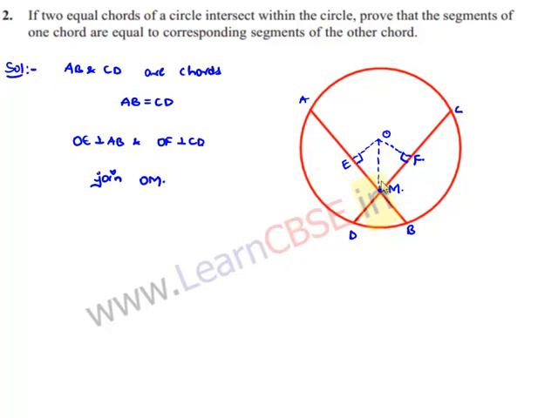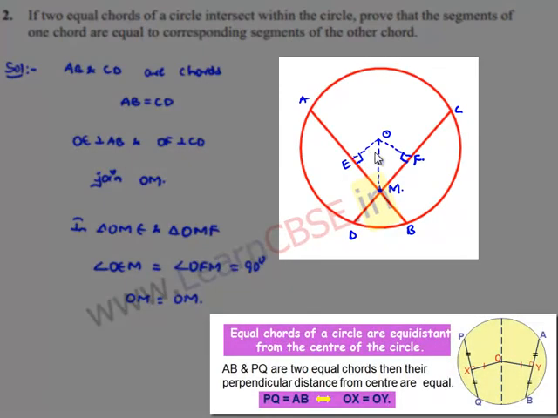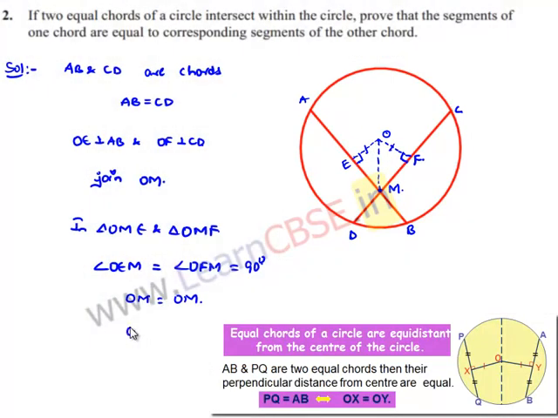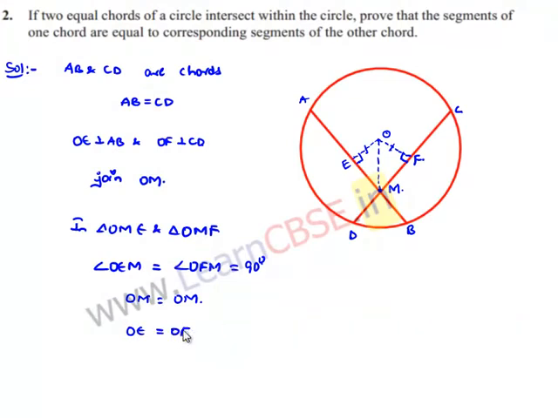Now, if we observe triangle OME and triangle OMF, angle OEM is equal to angle OFM is equal to 90 degrees since we have drawn the perpendiculars, and OM is equal to OM, which is the common side for both triangles. The perpendiculars drawn from the center to equal chords are of equal length. Therefore we can say that OE is equal to OF.